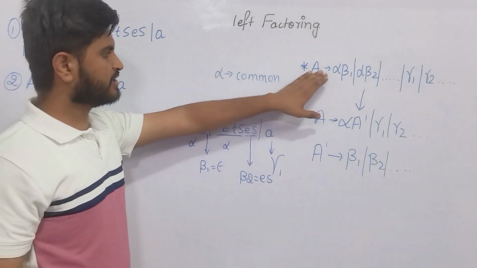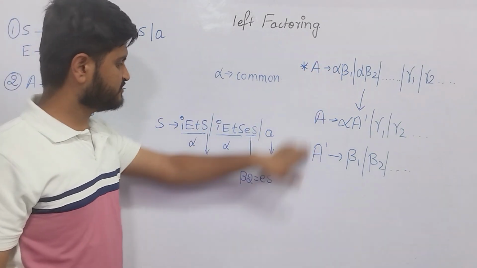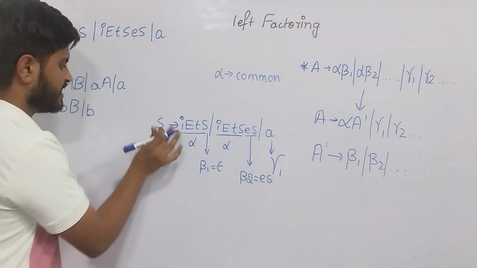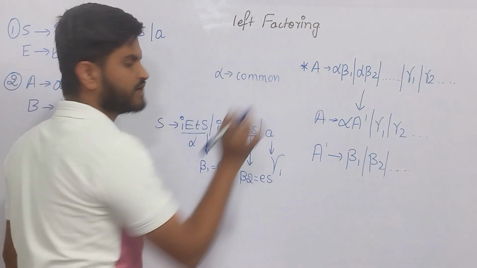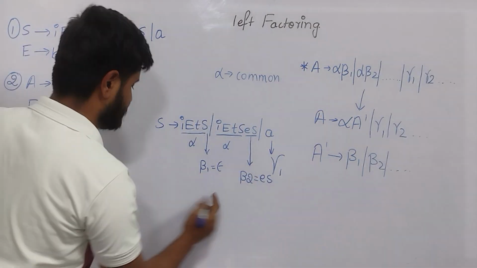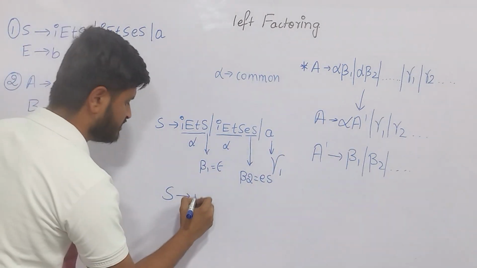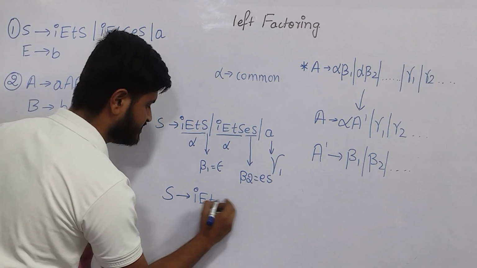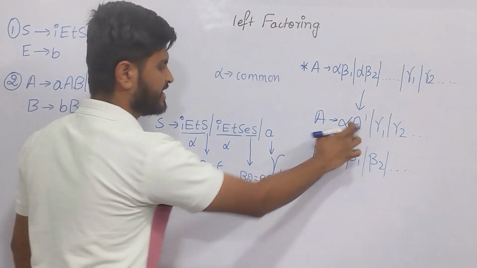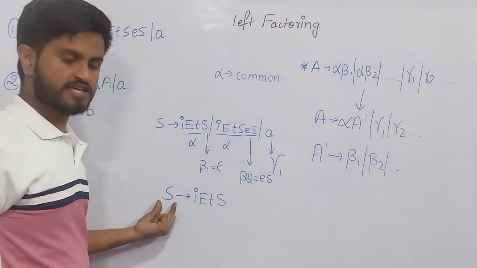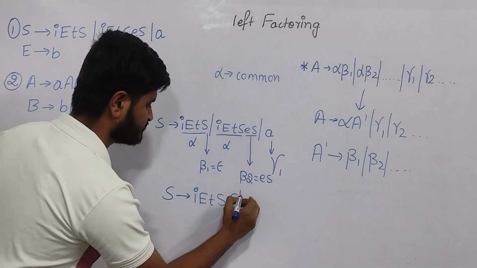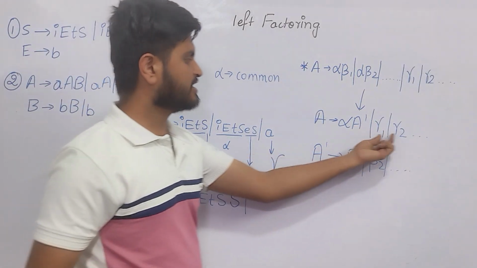Now let's convert this form into this form accordingly. Here S is there in place of capital letter A, so substitute here. S produces alpha, and the alpha value is iEtS, then S dash. Next, S dash | I must write the gamma values.